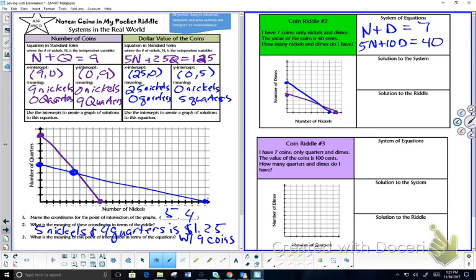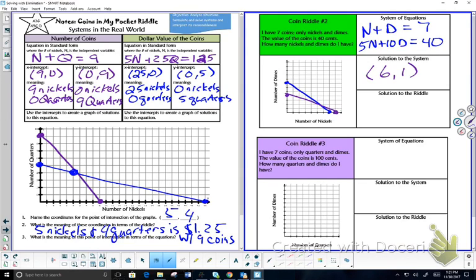What do you get for a solution? 6 and 1? I'll take your word for it. Mine's a little off. What does it mean?